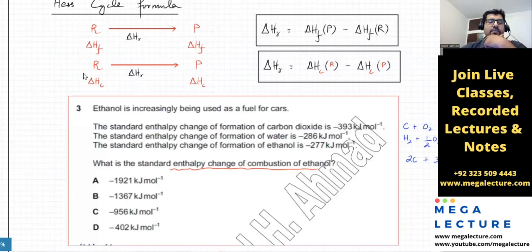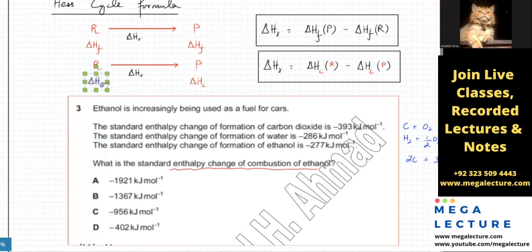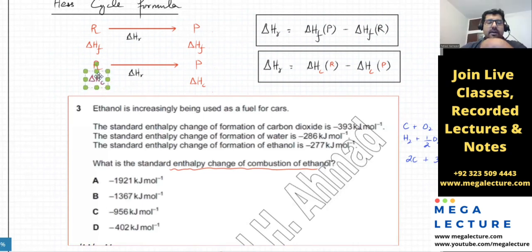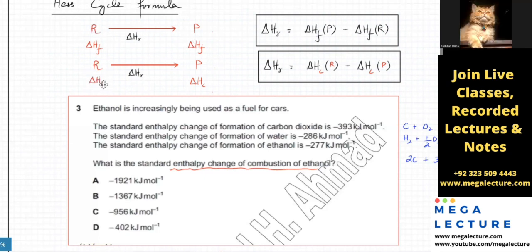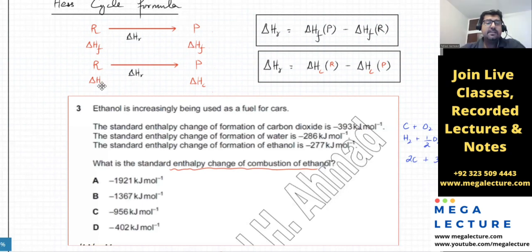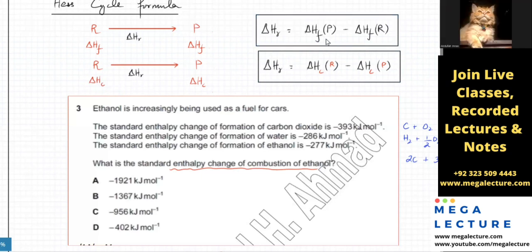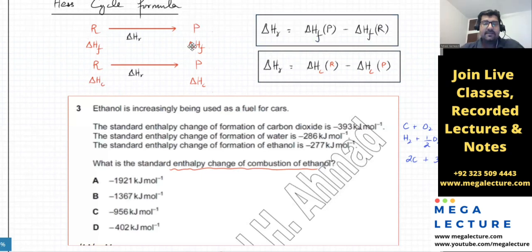So there are two types of questions that will be asked. One in which the enthalpies of formation of the reactants and products are known. The other one in which the enthalpy of combustion of the reactants and products are known. In both, the formula will be the opposite. And remember, the formula is dependent on the data that's given. The equation is irrelevant.